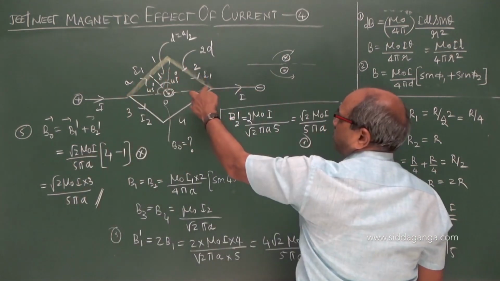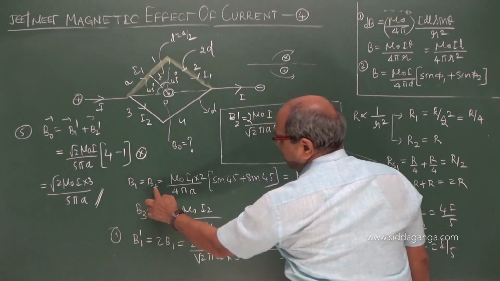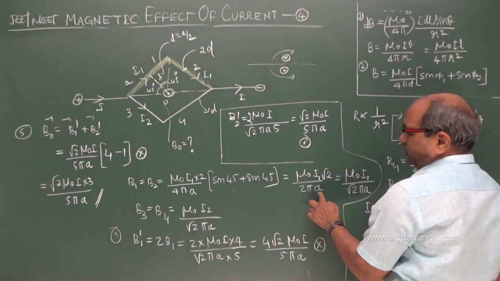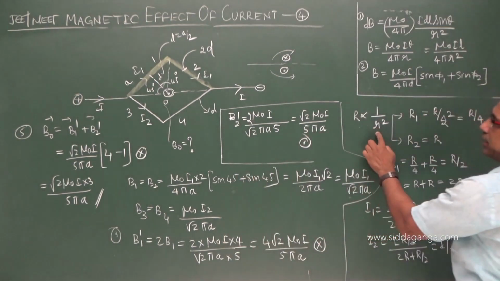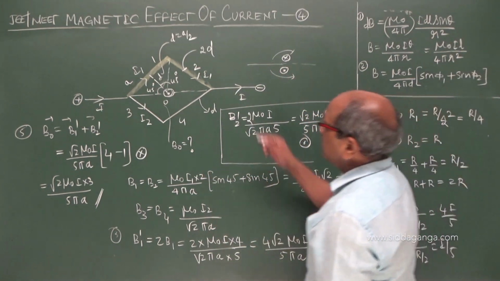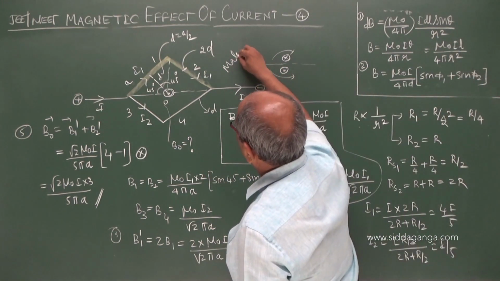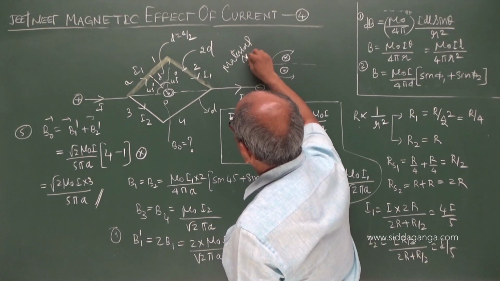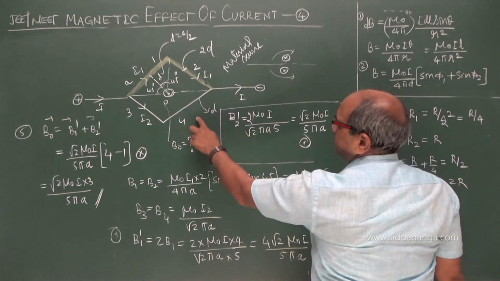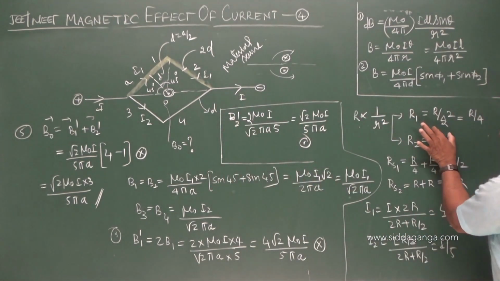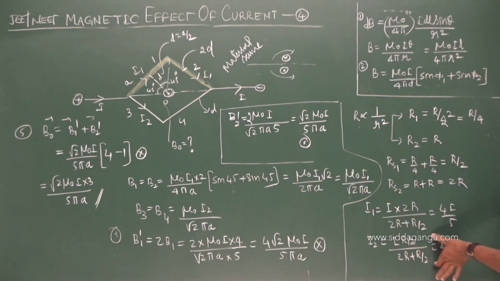So the upper part and lower part each produce their own field. But as the thickness is different and the material the same, otherwise we have to take into account the resistivity. So the thickness is different, thereby we estimated the resistances and found the currents I1 and I2.